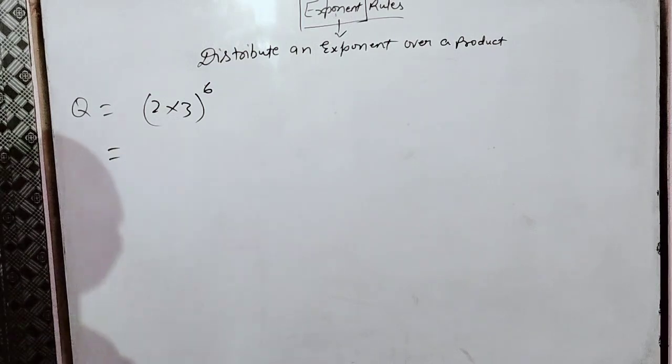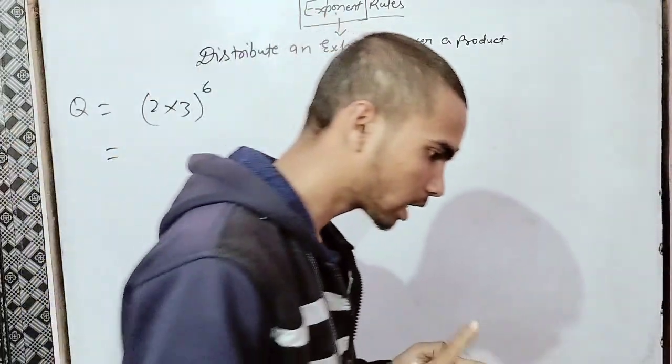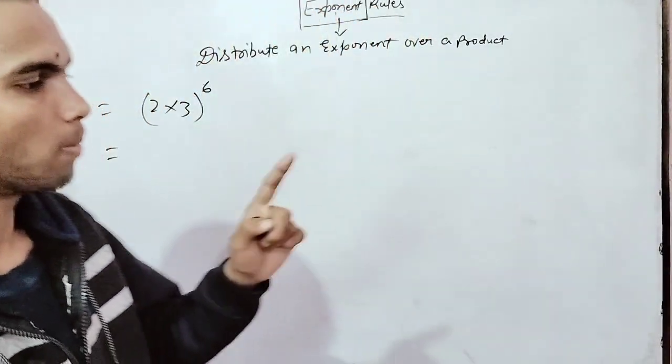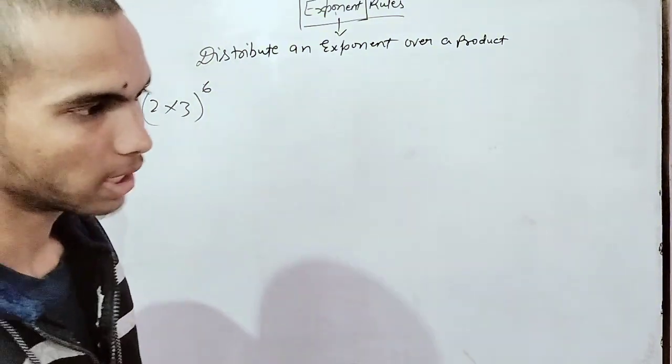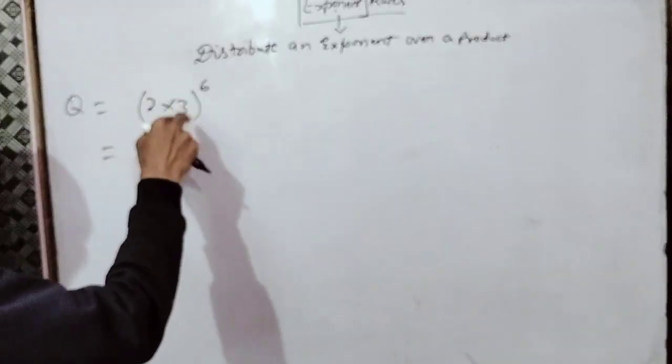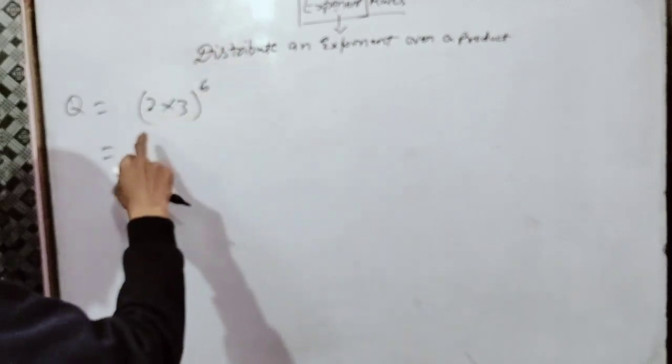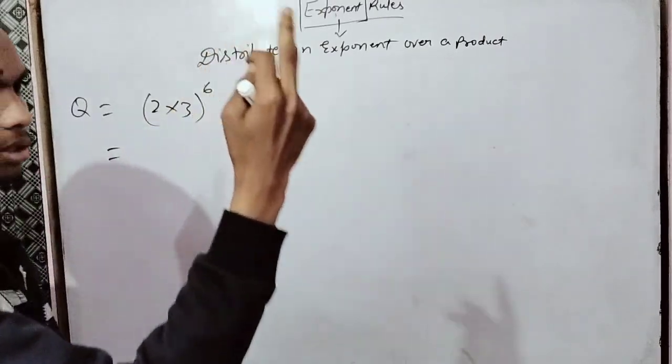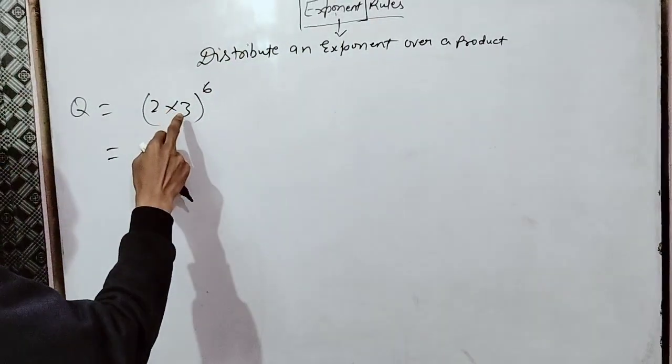So our exponent will be written with all the bases, because the bracket is important in this case. So 2 has a 6 exponent and 3 has a 6 exponent as well. It can be written as 2 with exponent 6, multiplied by 3 with exponent 6. So the meaning of this and the meaning of this is the same.